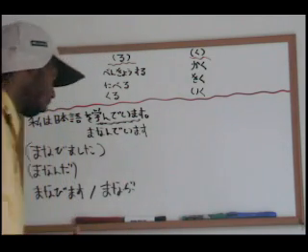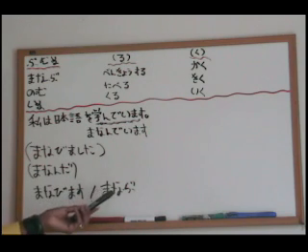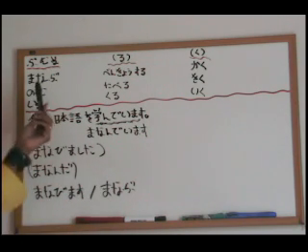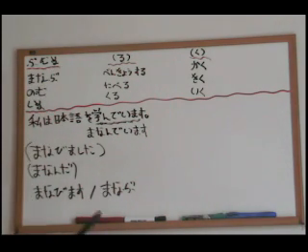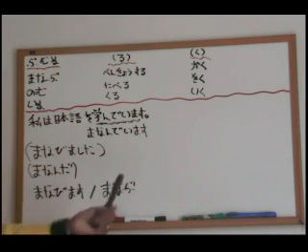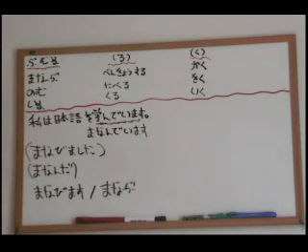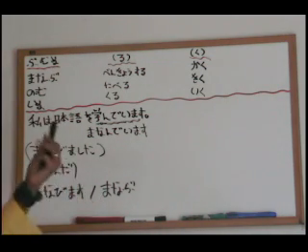Okay, so we know manabu is the plain form, and it's casual in speech, less formal. So when it's in that form, it can have two meanings. The first meaning, manabu, means to study. Okay, or well, no, not to study. Well, three, I should say.